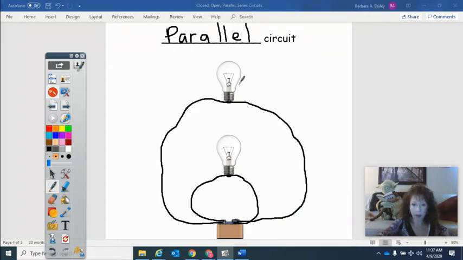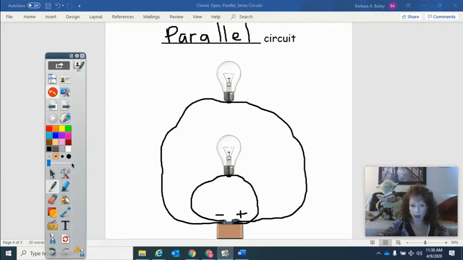Okay. And again, here's my negative terminal, positive terminal. And you can see one wire has connected this light bulb to the battery, and then another wire has connected this light bulb.